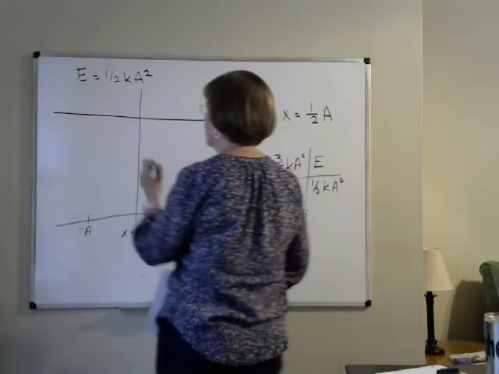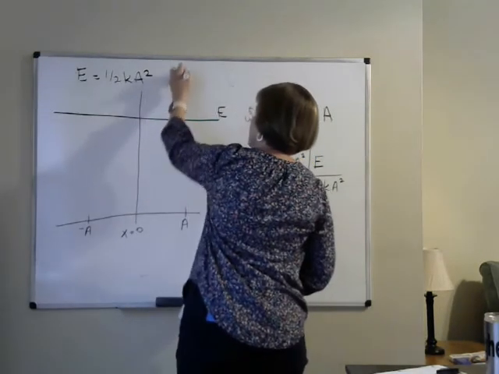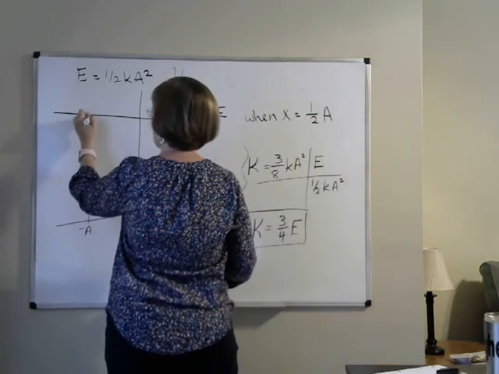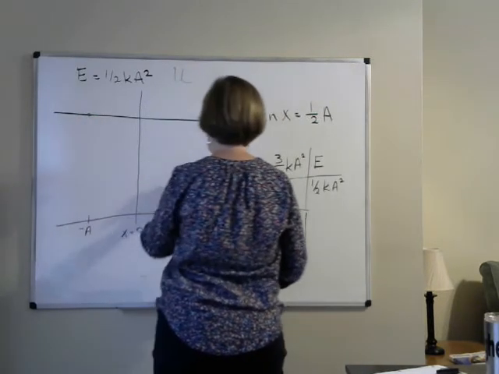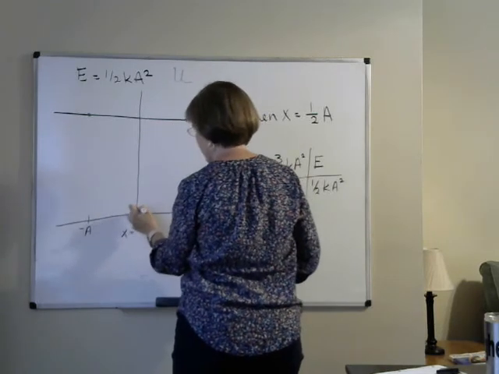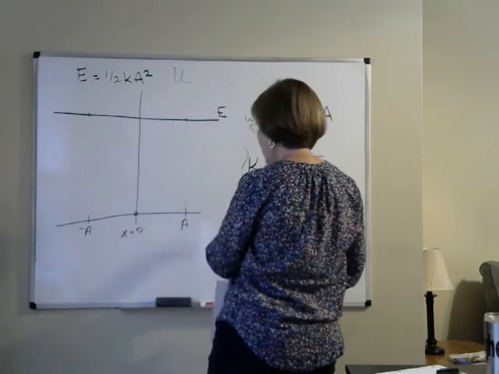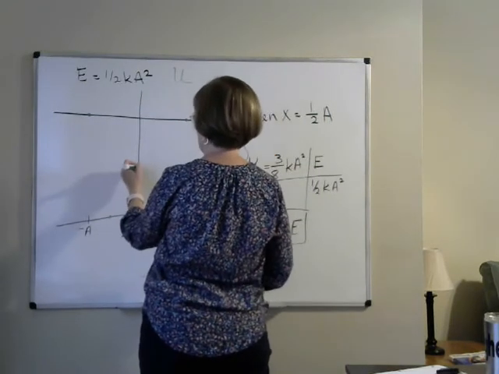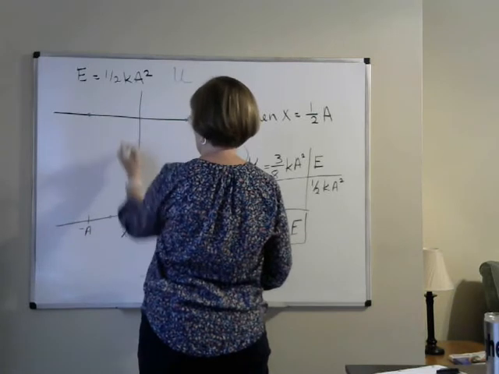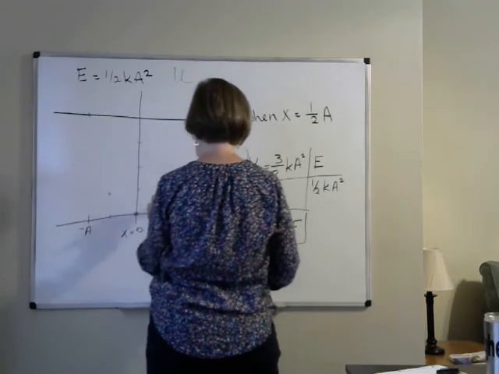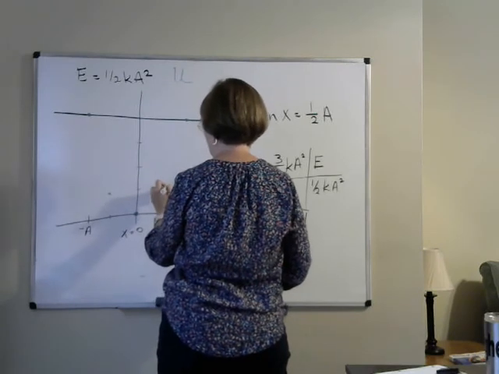So if I made a green graph for potential energy, it's got a maximum potential energy at A. At the equilibrium point it has 0 potential, but at the halfway point, only 1/4, so it'd be about here and here.